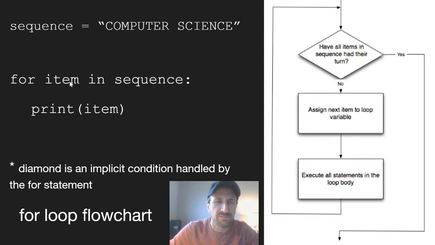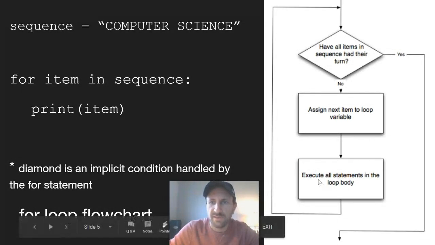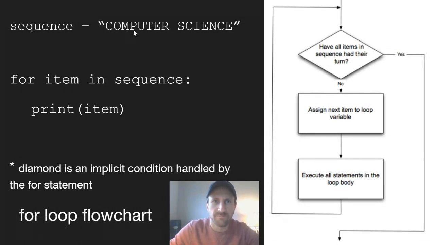If you recall the loop variable term from last unit with while loops, the loop variable in this case is going to be item. So every item in the sequence is going to be every character in the sequence computer science. And then every time we access a new character, we're going to execute the loop body. In this case, it prints the item. So it's going to print each character of this string.